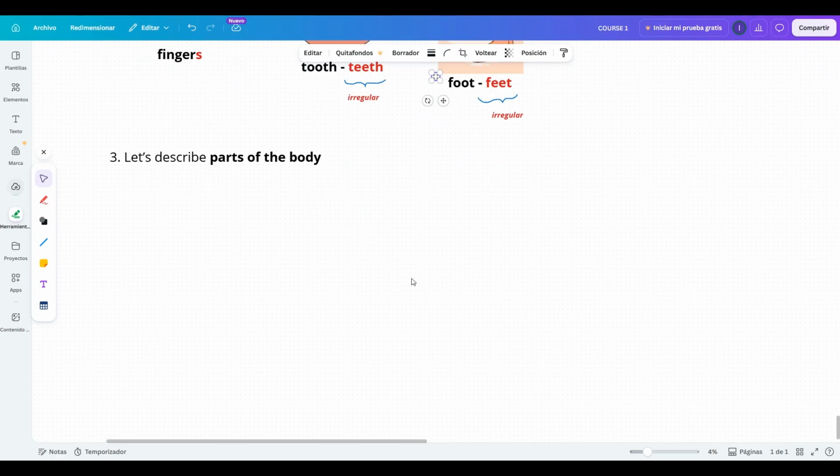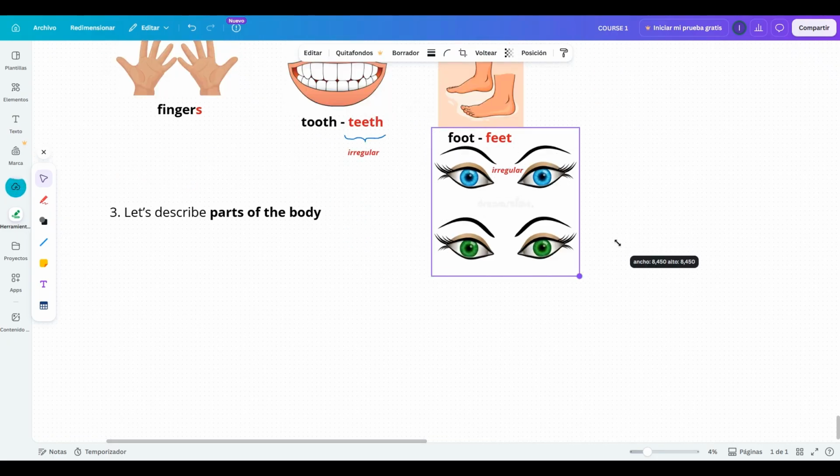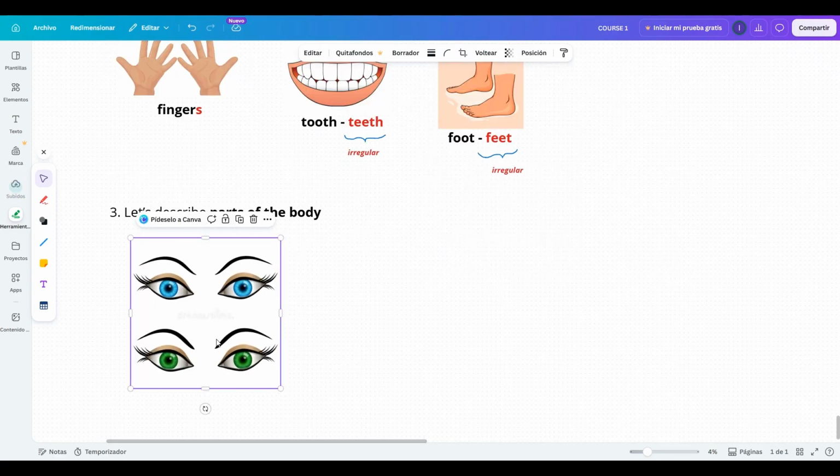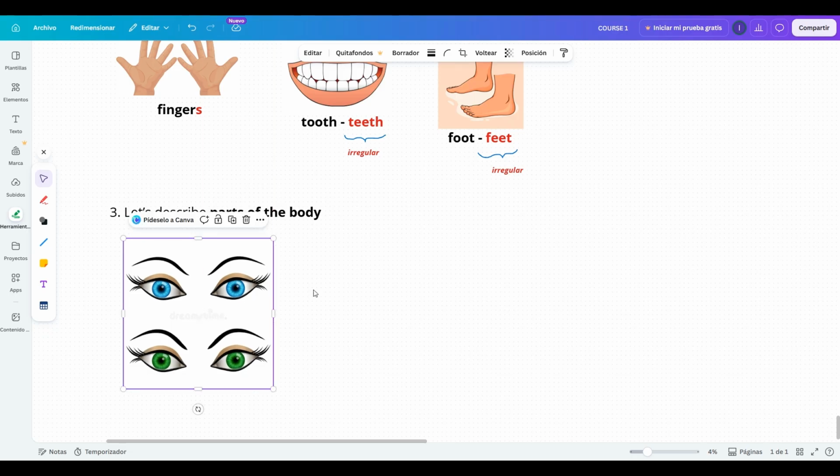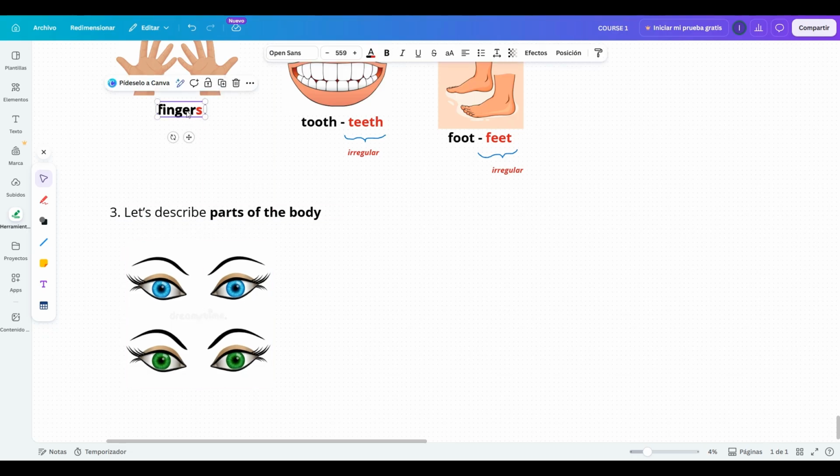Parts of the body. Let's describe eyes. Can you see here? You see. Look at this. Blue eyes. See? Blue eyes.